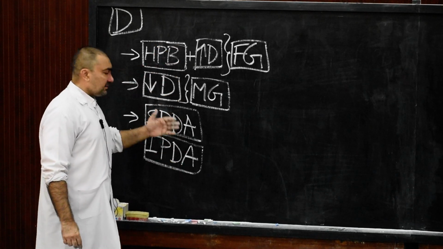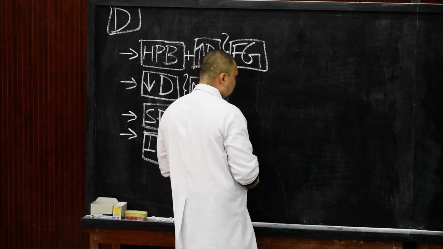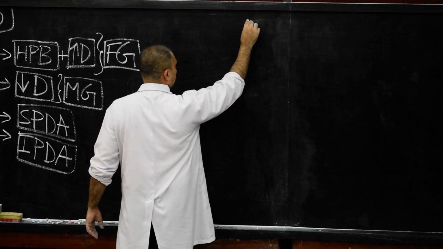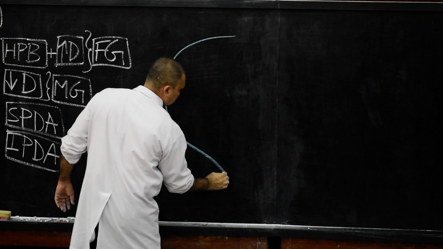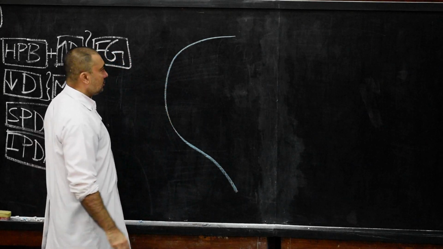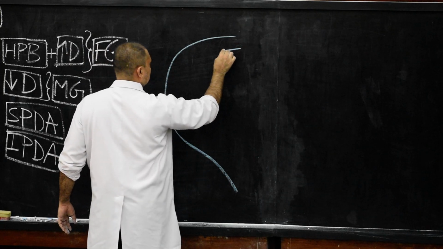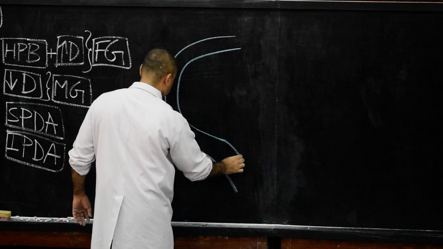So after mentioning these points, we will pass to the diagram. Let us draw here a simple line diagram showing the U-shaped duodenum, which we are going to show in this way.